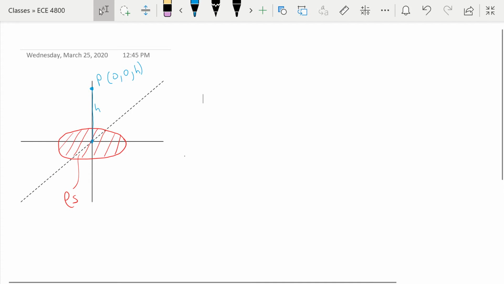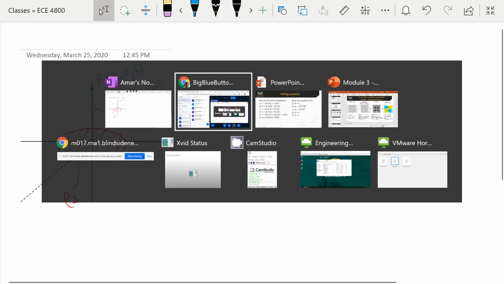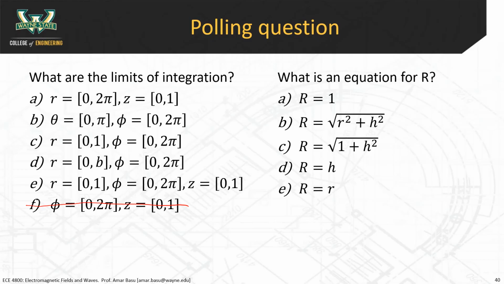This is what the disk looks like. Yep, so let me go back to the different options. If we want to get a disk, what are the two variables we're going to integrate to get the surface of a disk?